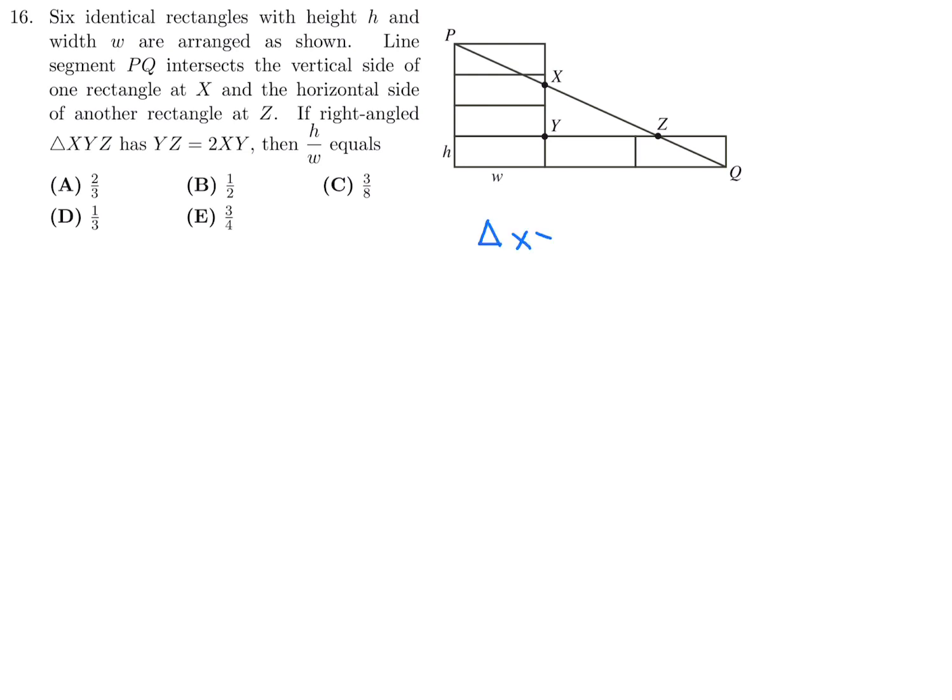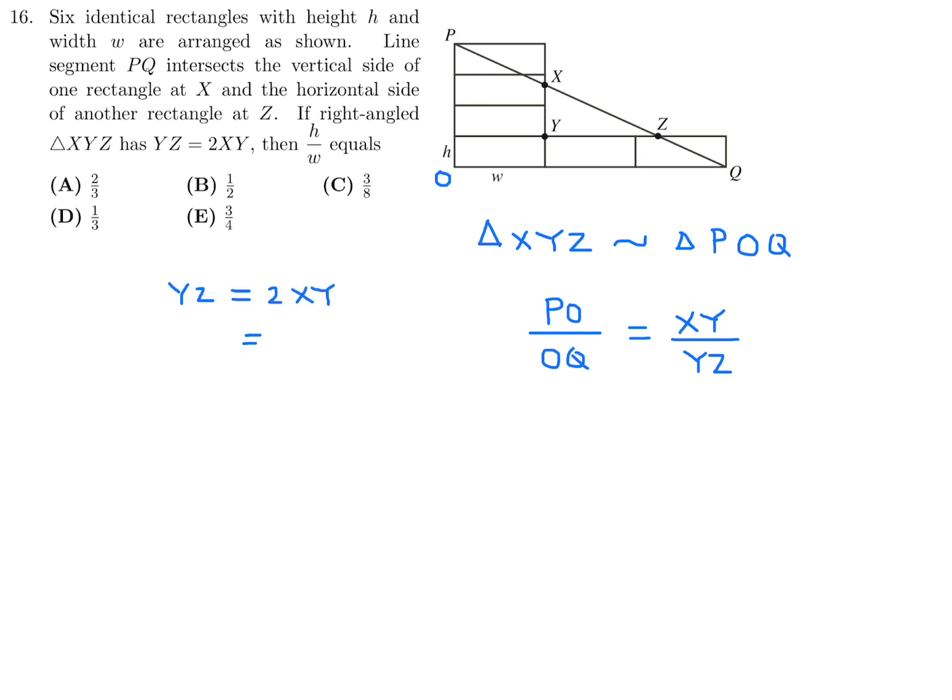Triangle XYZ is similar to triangle, I'll just call this O, POQ. So that means that PO over OQ is equal to XY over YZ. Now, this piece of information we will use: YZ is equal to 2XY. So if I put the YZ on this side, it becomes 1 over 2.